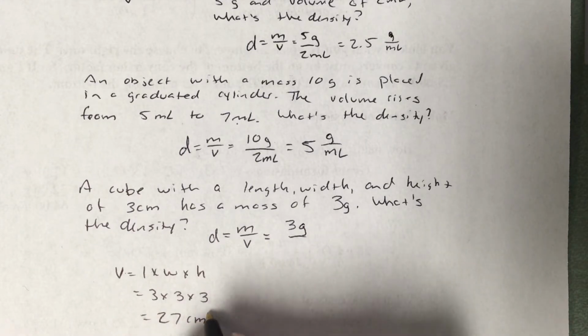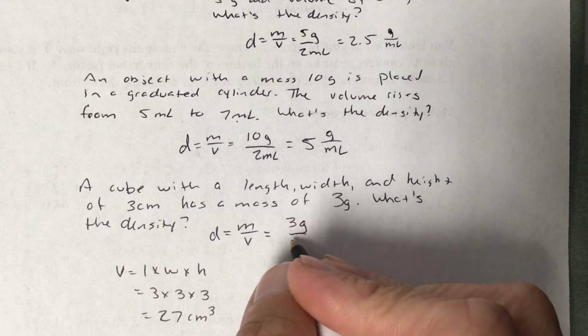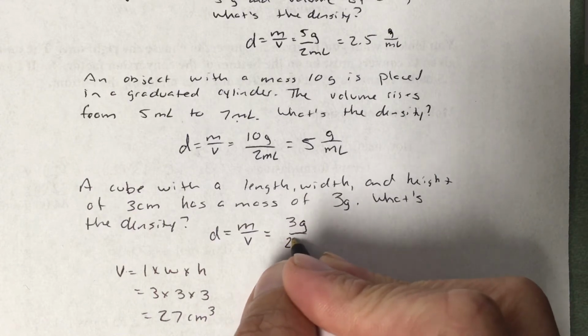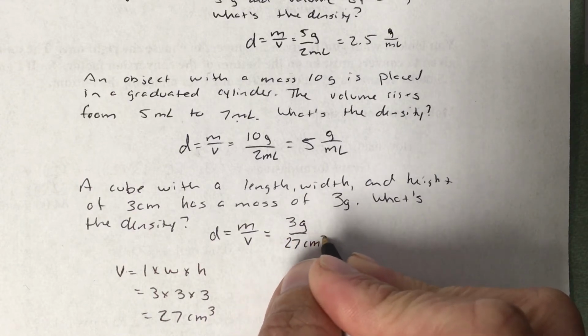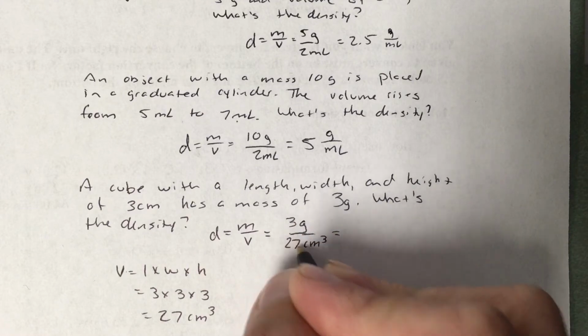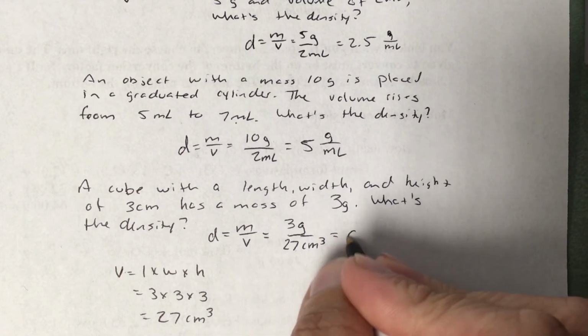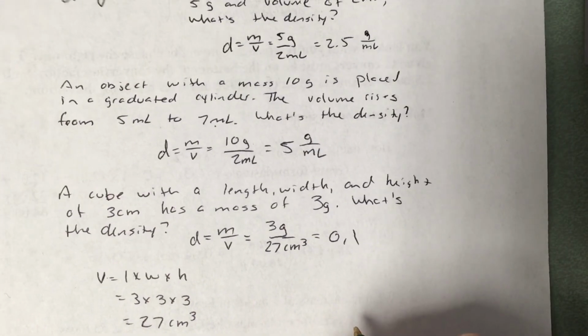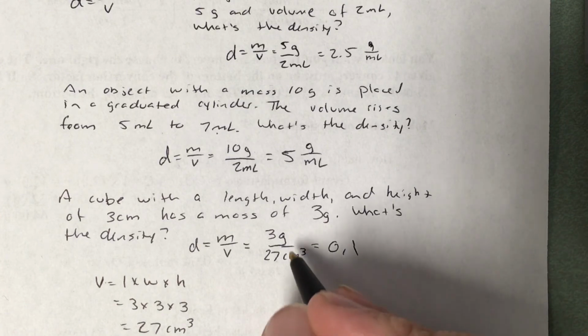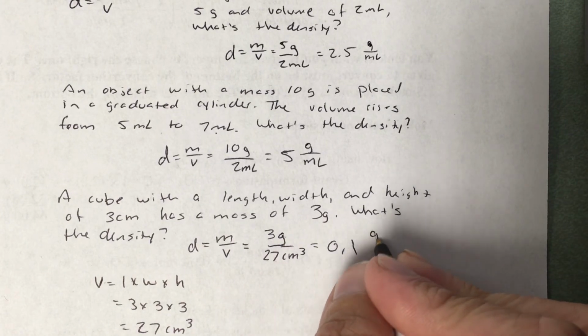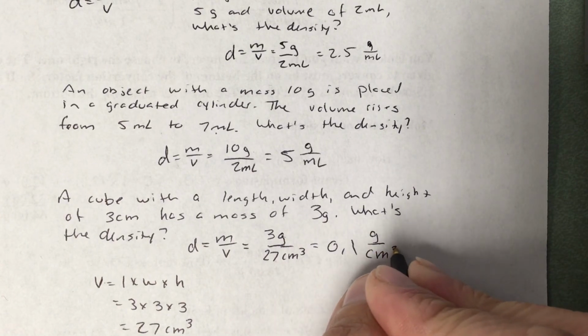It would be centimeters cubed. The 3 divided by 27 is 0.1. And the unit would be just what we have here, grams per centimeter cubed.